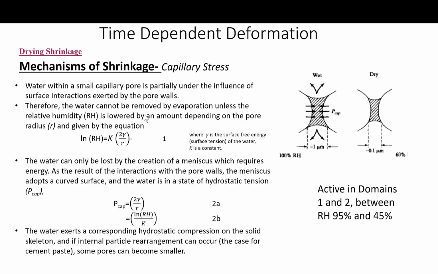So water cannot be removed by evaporation unless the relative humidity is lowered by an amount dependent on the pore radius, given by this equation right here, which is basically the natural logarithm of the relative humidity equals K, which is a constant, times 2 times gamma, which is the surface free energy, surface tension, divided by the pore radius. Okay?